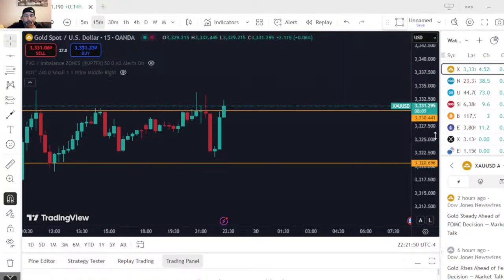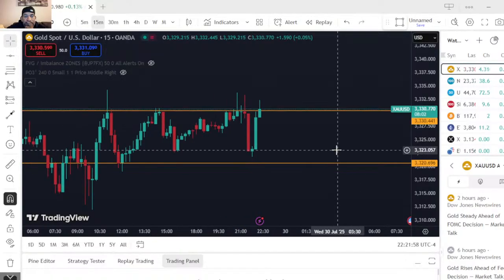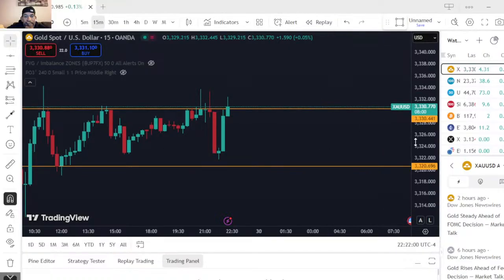We're starting to come down now. Let's see how this 15-minute closes here. I might take another swing at this here. Yeah, look at that. It's starting to come down here.